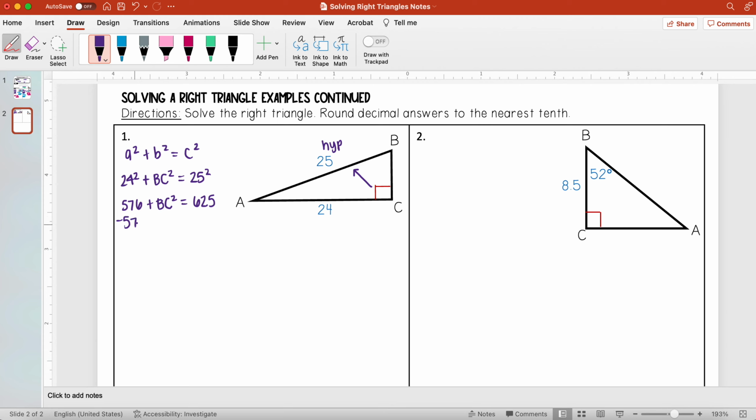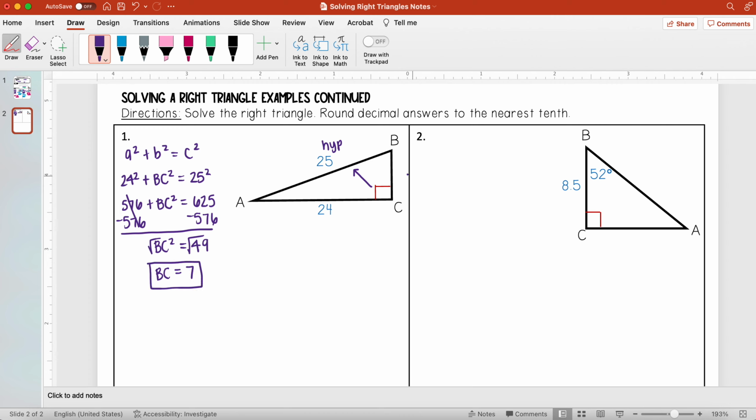Subtract 576 from both sides. And I get BC squared is equal to 625 minus 576, which is 49. And then taking the square root of both sides, I get that BC is equal to 7.